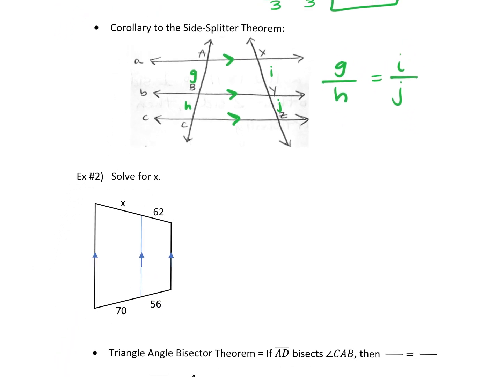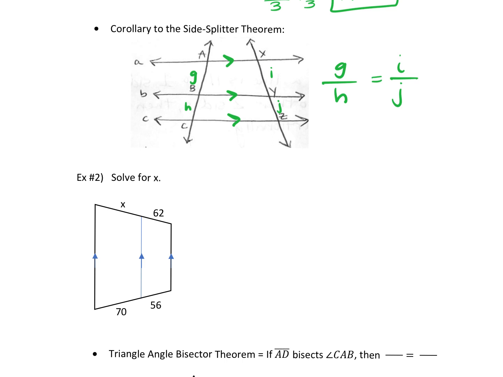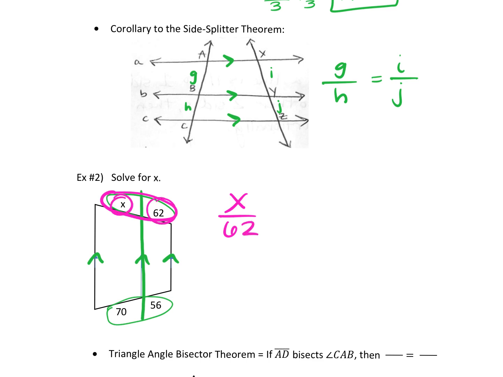So take a look at how that would be applied here. These lines are parallel. Again, if you extend the parallel line, you can see your ratio. So this is one ratio, this is another. Now, it is up to you which one goes on top or bottom, but you have to stay consistent. So if I'm going to say x over 62, I went left to right, then I have to go left to right again.